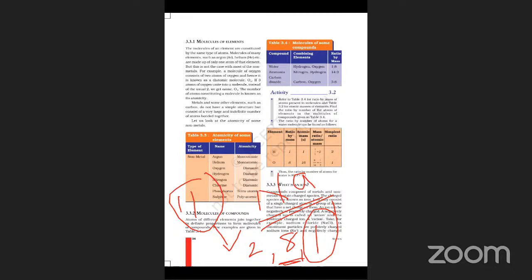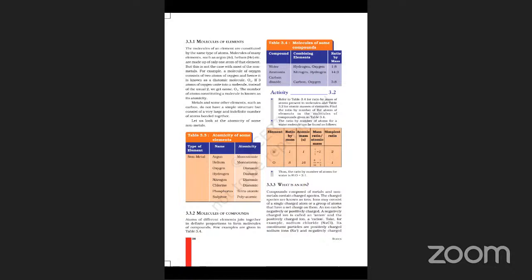Non-metals have a tendency to accept the electron and become electronegative ion. So the compounds composed of metals and the non-metals contain two charged species. One is positive and another one is negative. Take an example of NaCl.